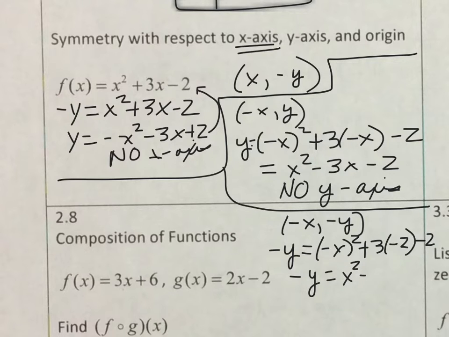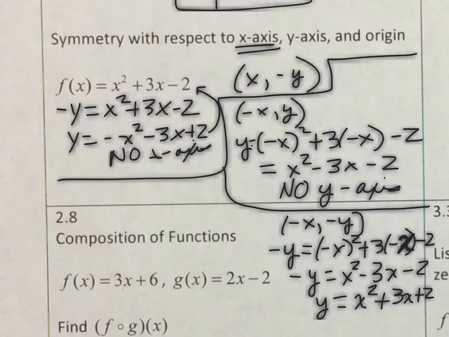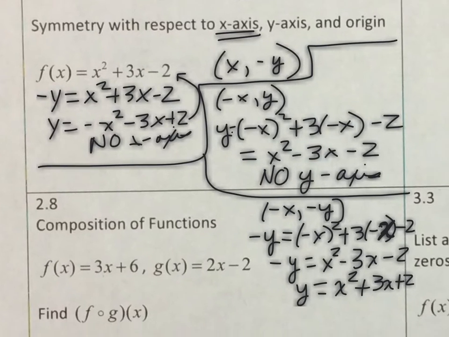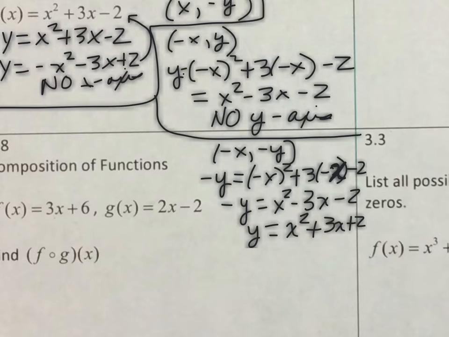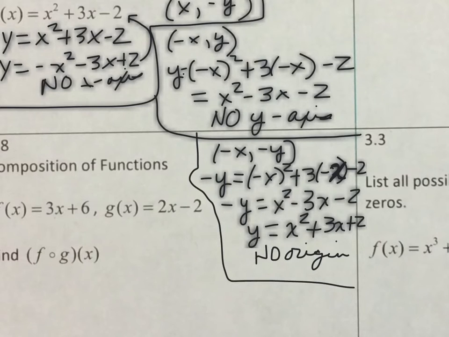It's supposed to say negative x right there. So minus 3x minus 2. So y would equal x squared plus 3x plus 2, which also is not consistent with what we started with. So here's a graph that doesn't have any of the 3 types of symmetry: x-axis, y-axis, or origin symmetry. So none of those.